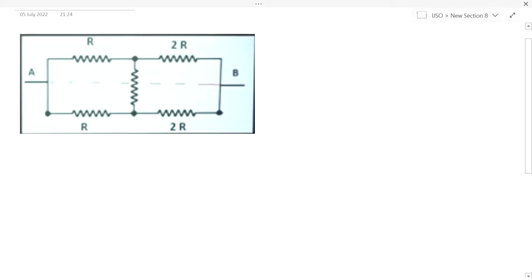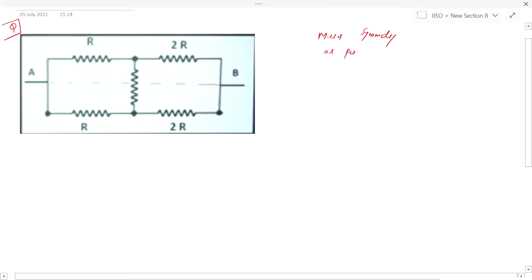This is also perpendicular. That middle resistor, we'll ignore that. So 3R, 3R, 3R. 3R by 2, 1.5R.